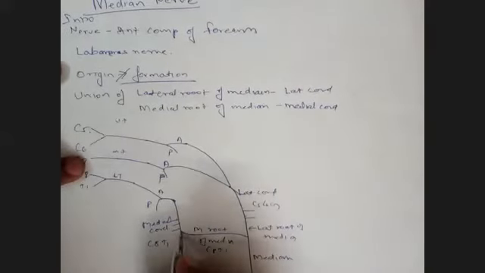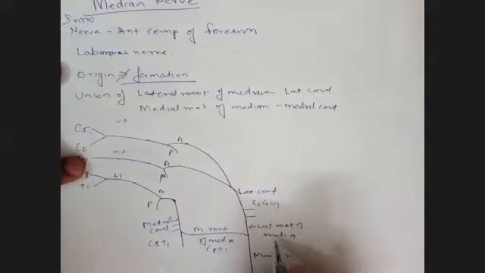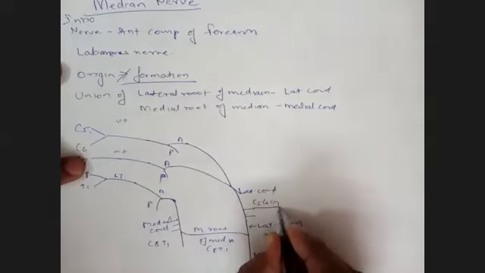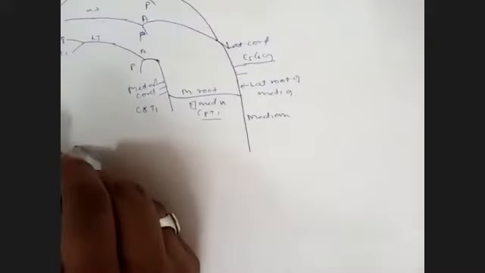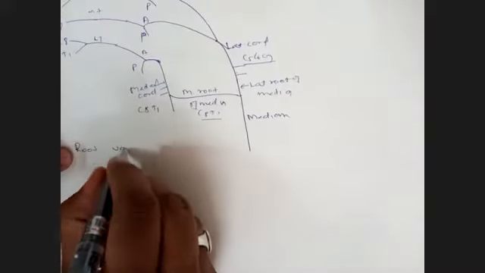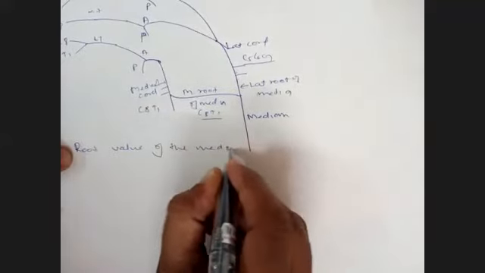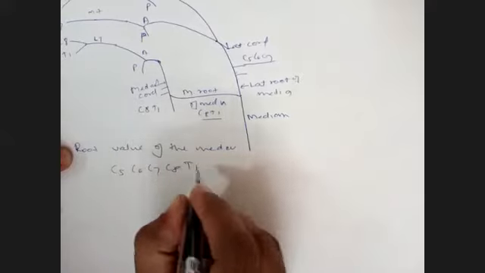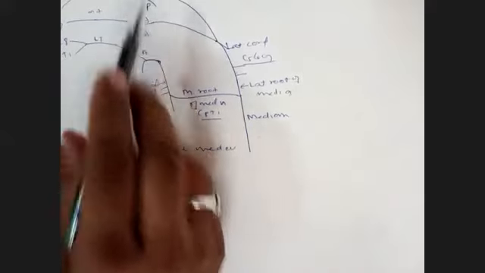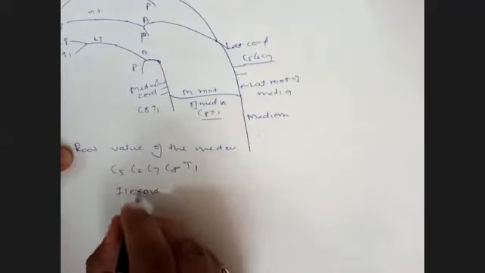The medial root of median comes from the medial cord and the lateral root of median from the lateral cord. This has a root value of C5, C6, C7, and this has C8, and therefore the root value of the median nerve will be C5, C6, C7, C8, and T1. All of it is coming from the anterior division, and therefore this nerve will supply the flexors.